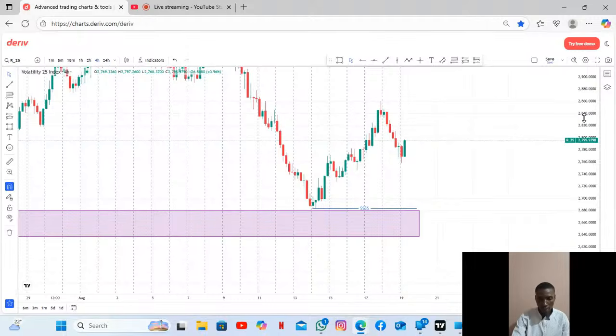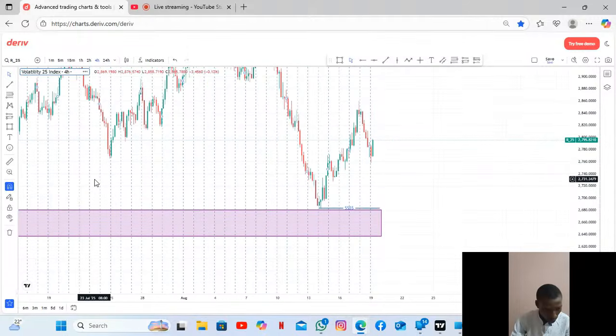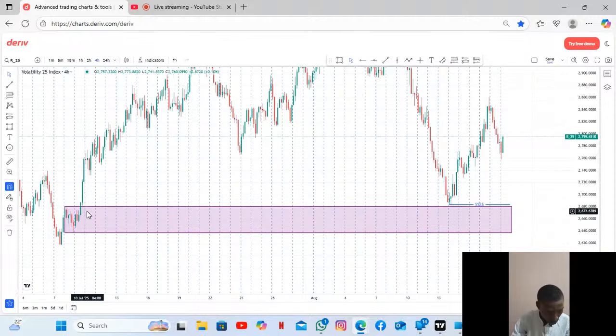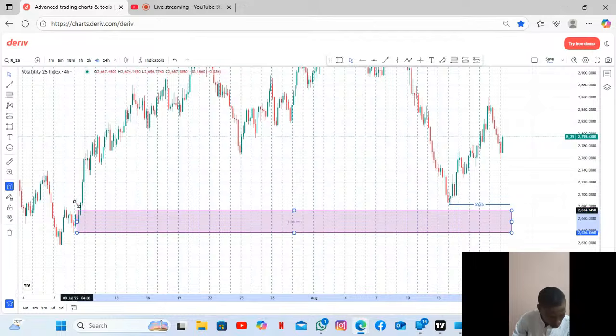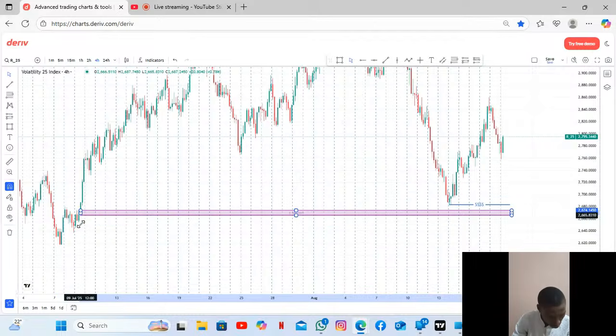Price hasn't done that. However, we can agree that price has actually tapped into the fair value gap. But if we come down very well, the order block from the 4 hour time frame is this. Let's see.